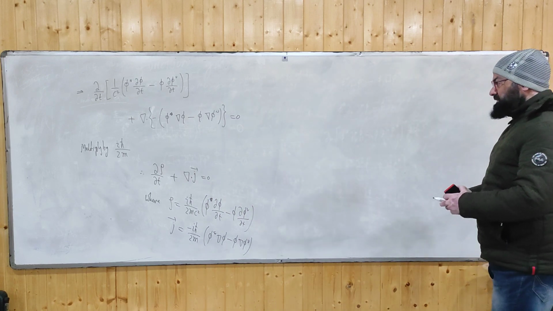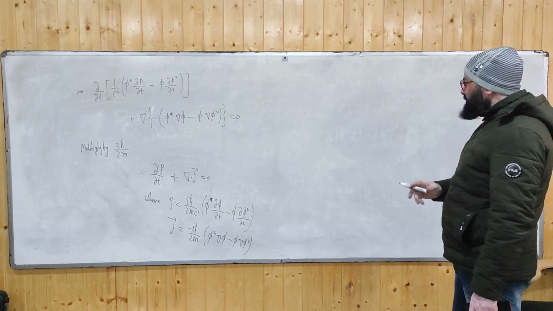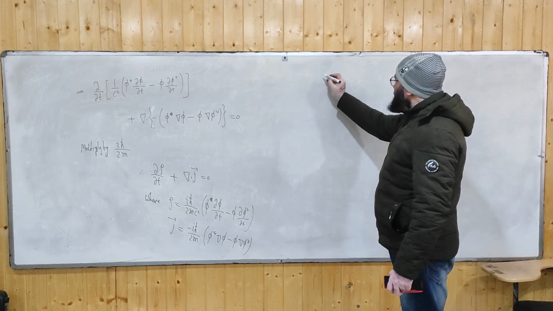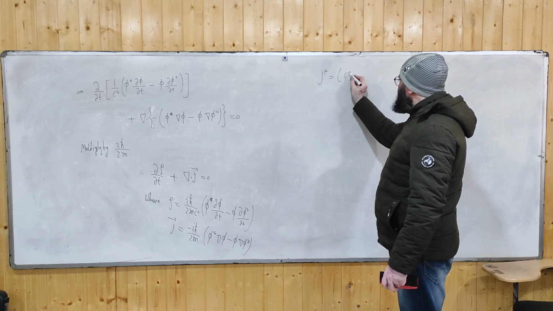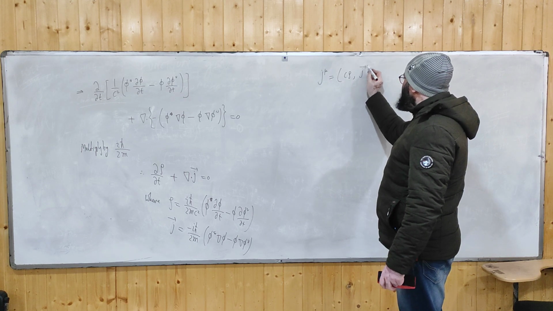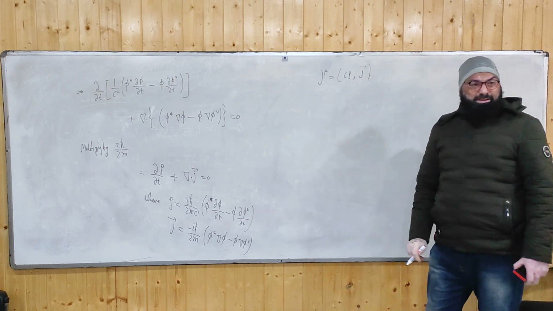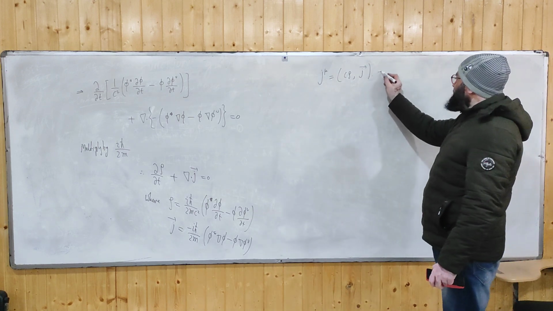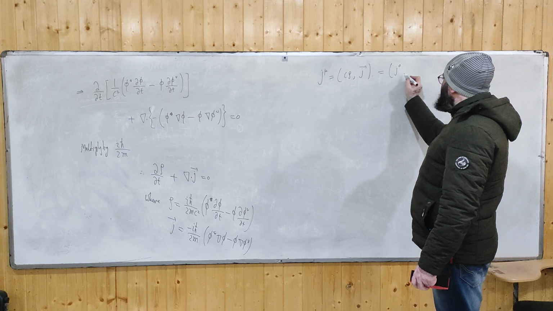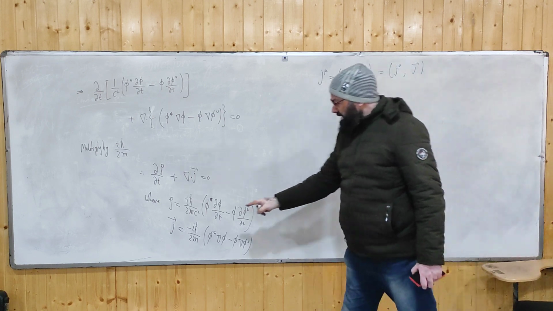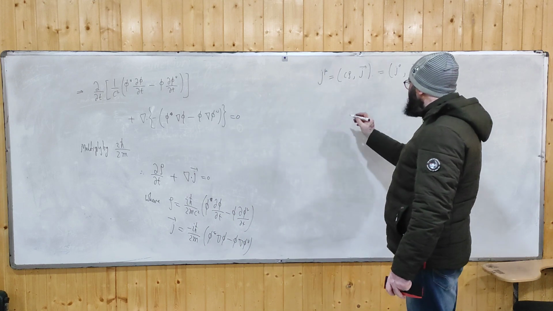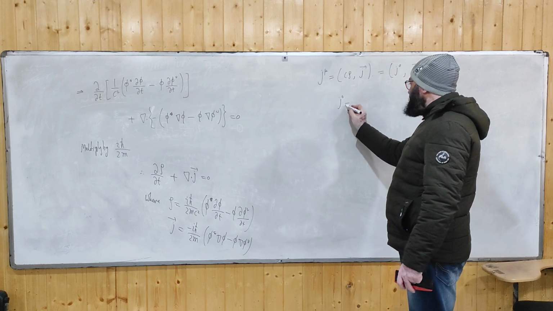Okay, so let me rewrite it in a more compact form. So let's define a current 4-vector jμ as c times ρ and this vector j. Clear? Got it? So that's actually equal to the j0 component and the vector j. So what will this yield me? j0 will be simply equal to, so what is j0?